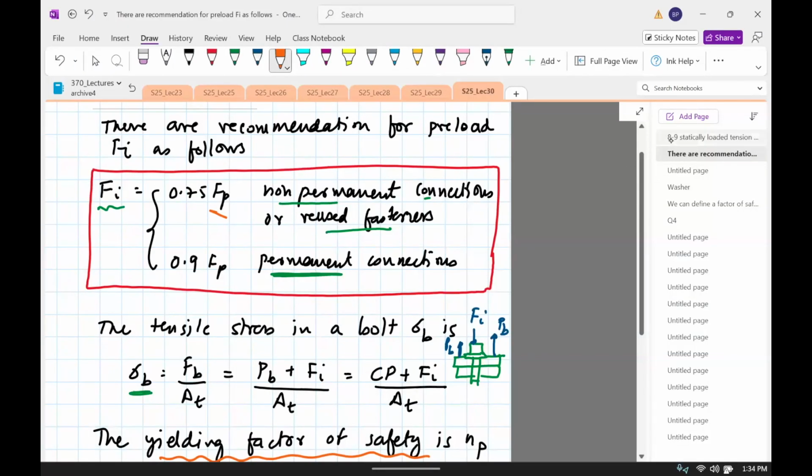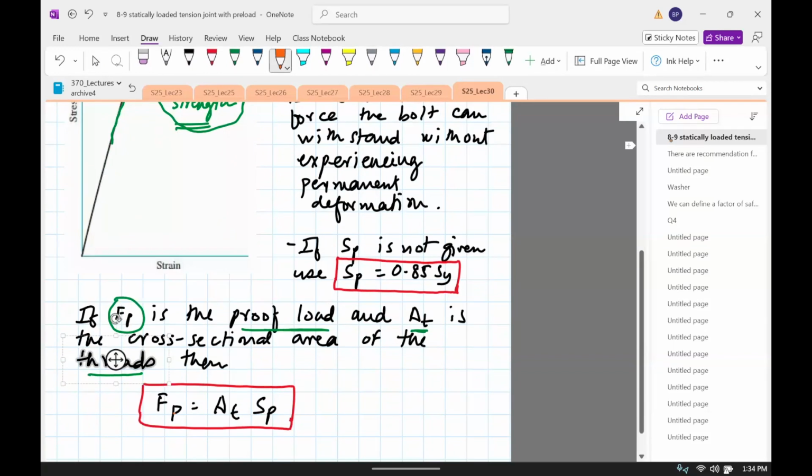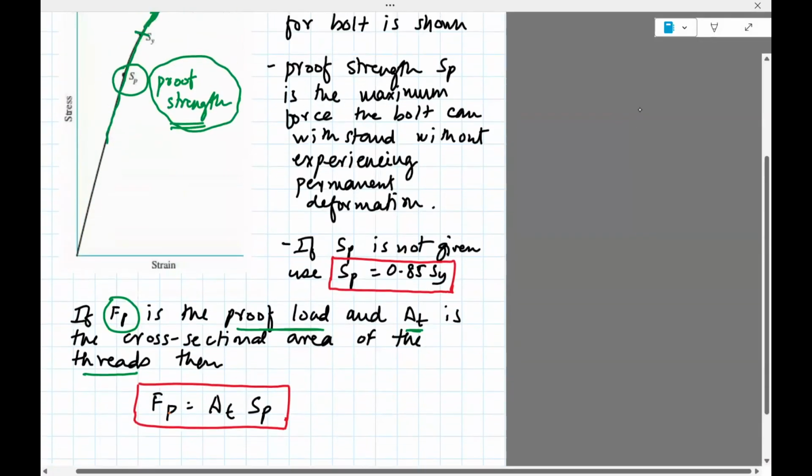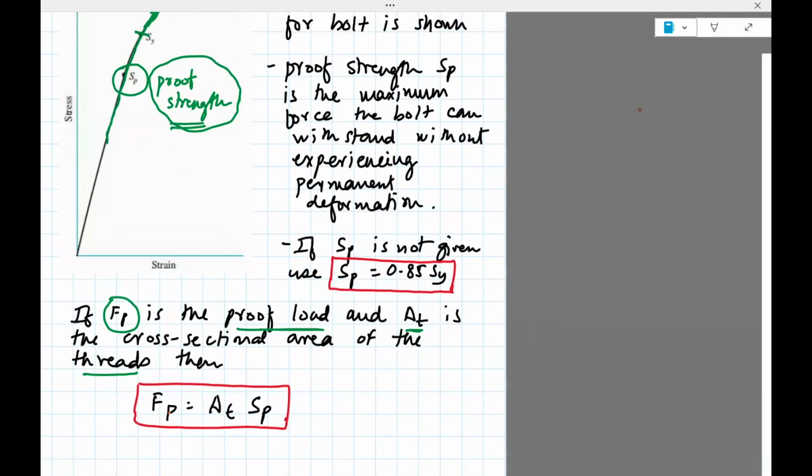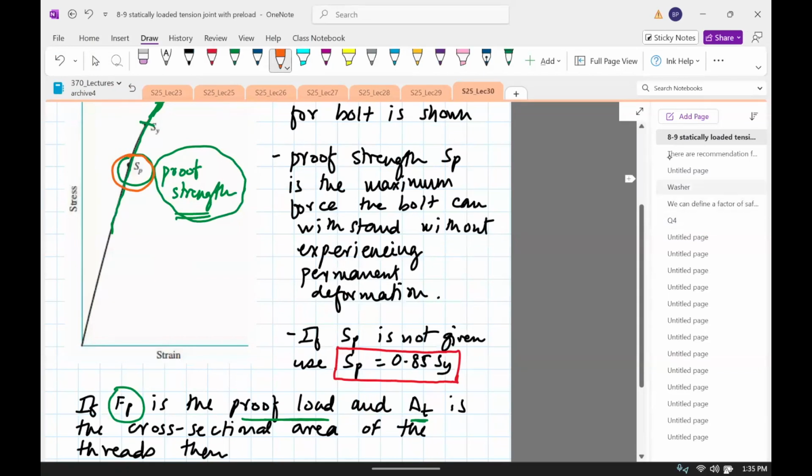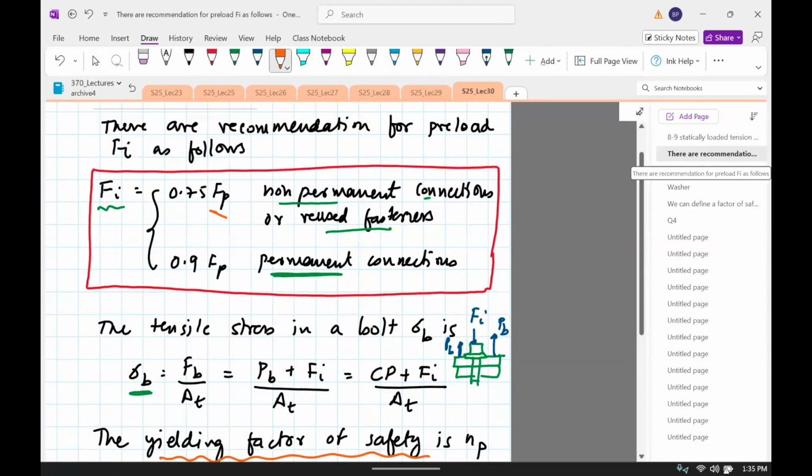Proof strength comes from this point. This is a spec. When you have a bolt, you design it based on some proof strength, and this depends on the diameter of the bolt. So FP is a spec: instead of using strength, using force as a spec. And the spec is used to compute the preload FI.